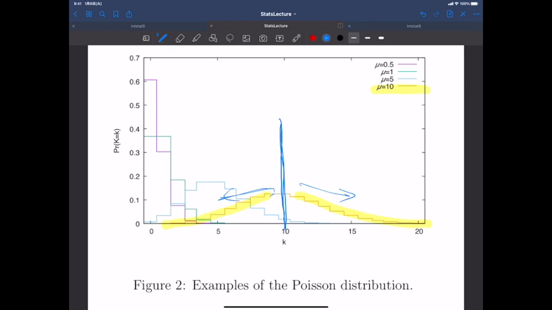So when mu is large, it will look more like the binomial distribution. Remember, the binomial distribution was symmetric around the mean, so this will be quite similar to that.